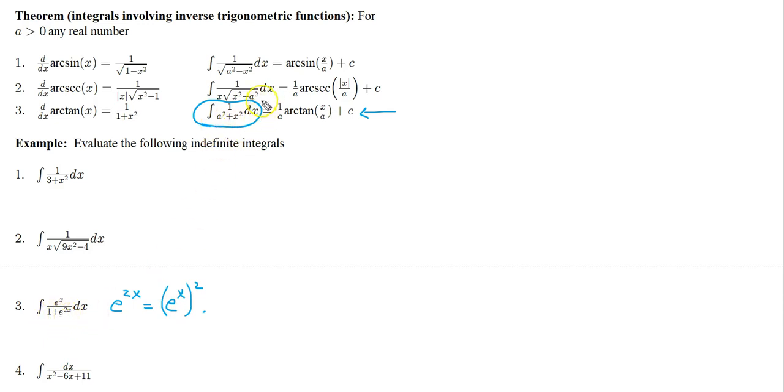So now it'll look more like this up here. So now let's try a substitution, u equaling e to the x, and hopefully this will work out. So if we let u be e to the x, notice that du is going to be e to the x times dx.